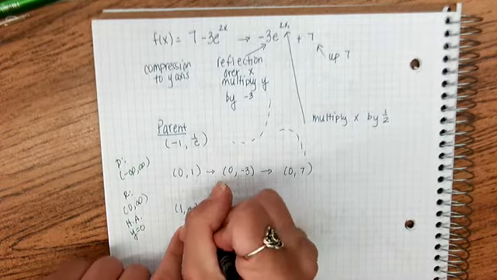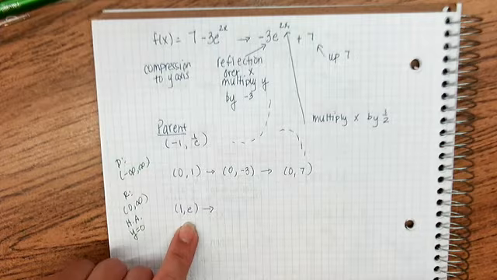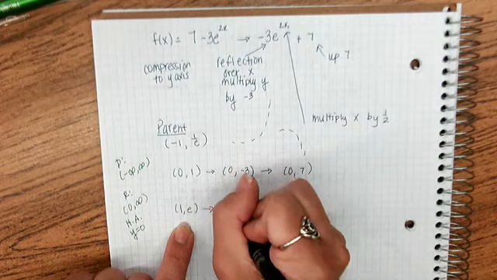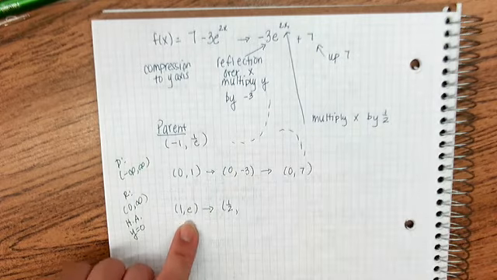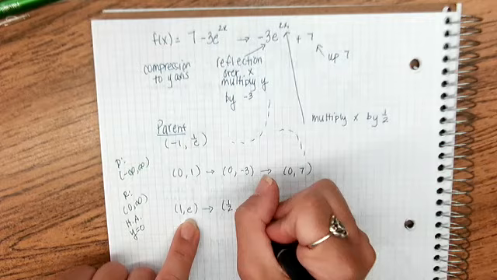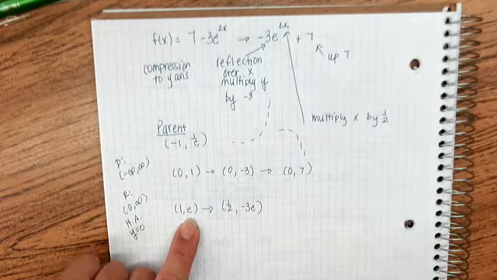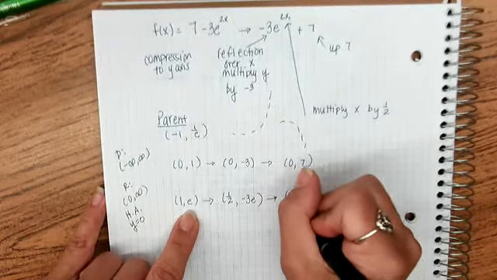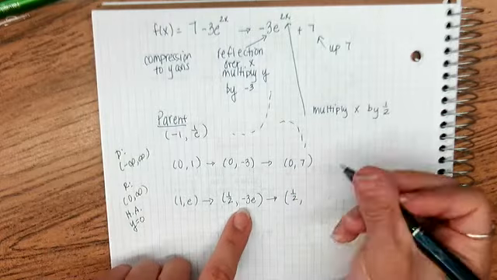Okay, (1, e). Multiply that 1 by 1/2. Your Y value gets multiplied by -3. And then up 7.